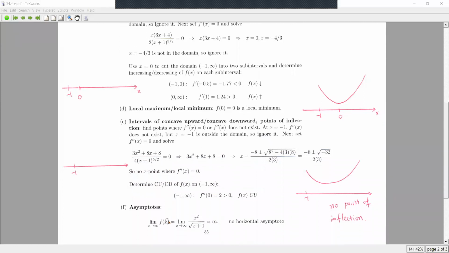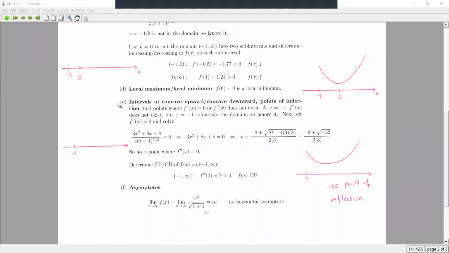Now, step 5. Determine intervals of concave up and concave down. For concave up and concave down, you need to consider the second derivative. To find intervals, first find points where the second derivative is 0 or doesn't exist.